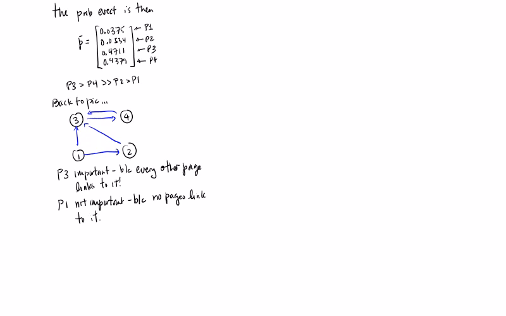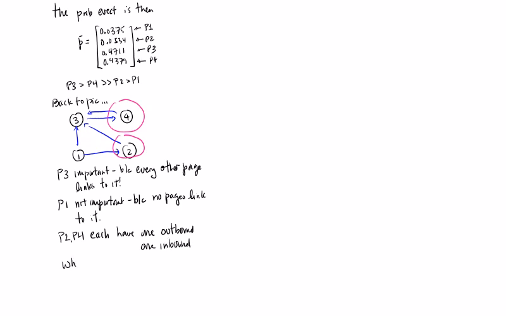But just for fun, look at the other two, right? If you look at 4 and 2, they both have one outbound link and one inbound link. So they each have one outbound and one inbound.